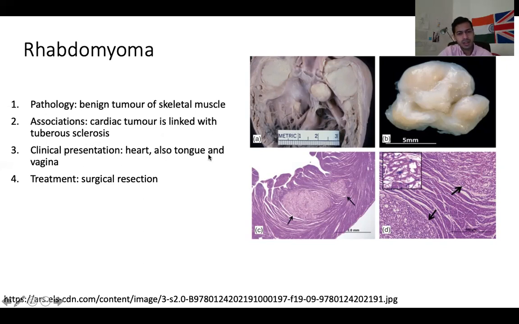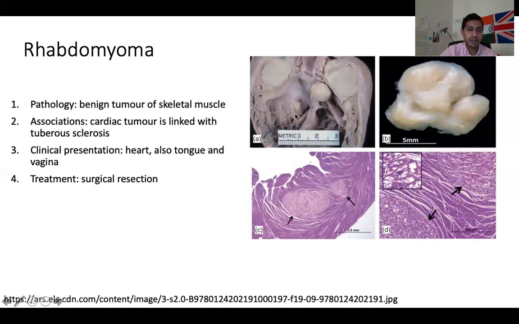Can also affect the tongue and also the vagina, but more commonly it's usually the heart and then secondly the tongue. Treatment, surgical resection, because as you can imagine, this is the rhabdomyoma here. It could easily affect the volume in the compartment of the heart, and this could lead to reduced outflow, possibly depending on where the mass is.